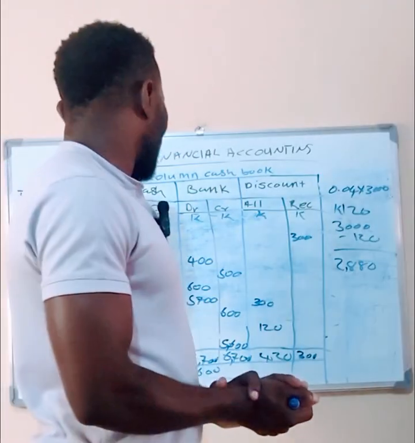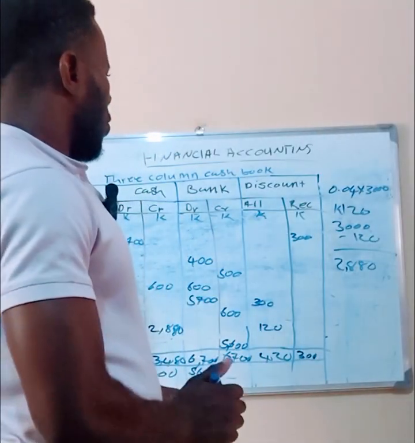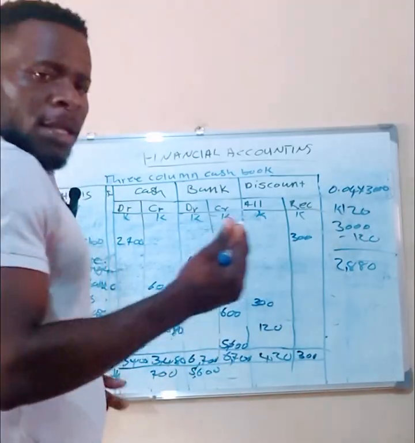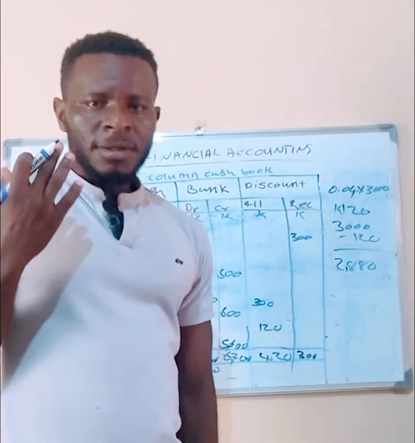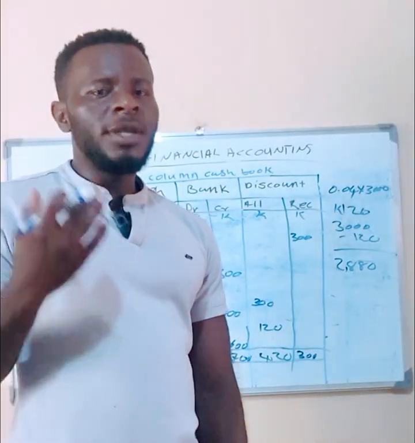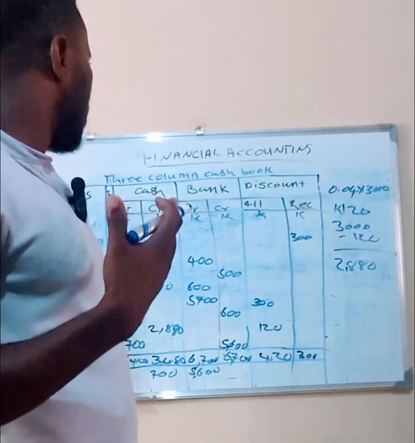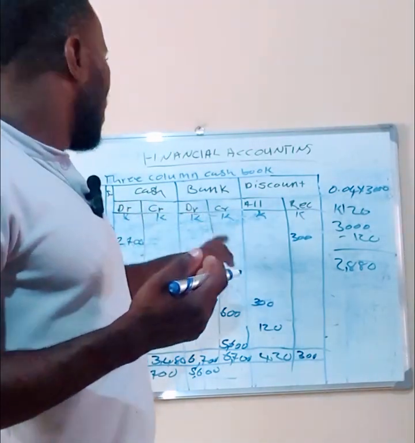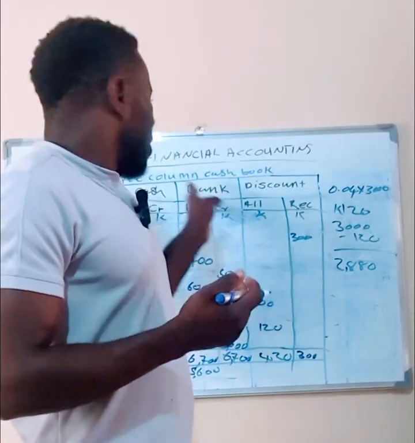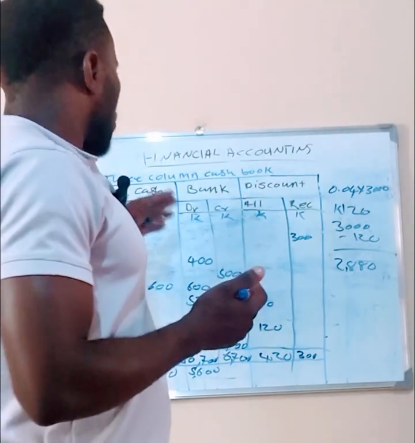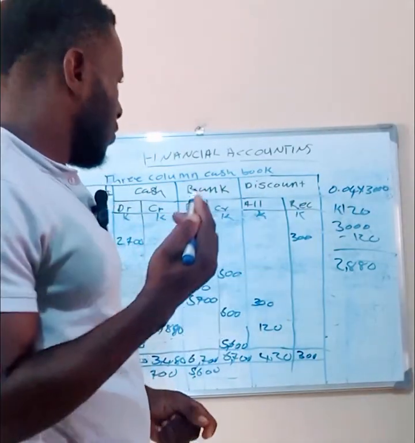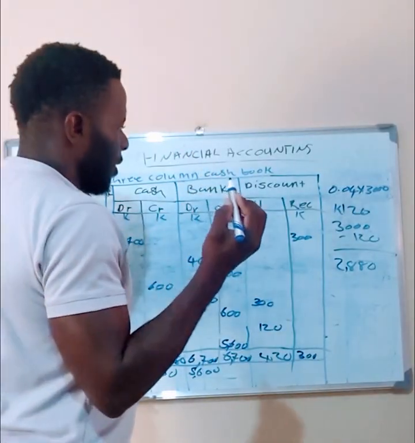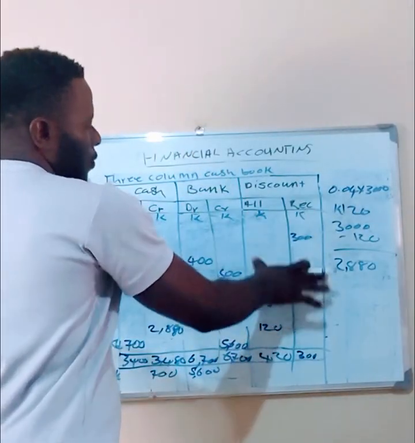the three column cash book. So without complicating things, there's no need for me to even start teaching the single column cash book, two column cash book and everything. This three column cash book provides a solution for a two column cash book. A two column cash book, the only difference is that it has no discount format.